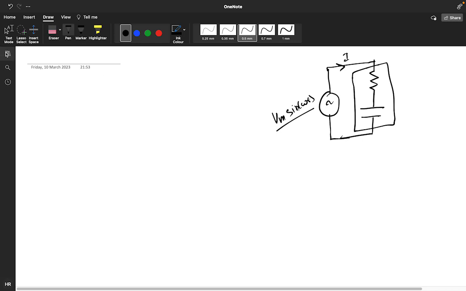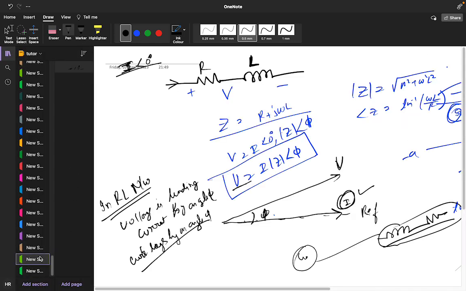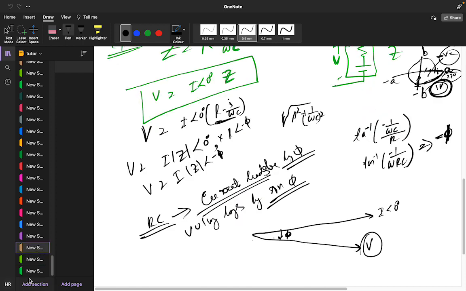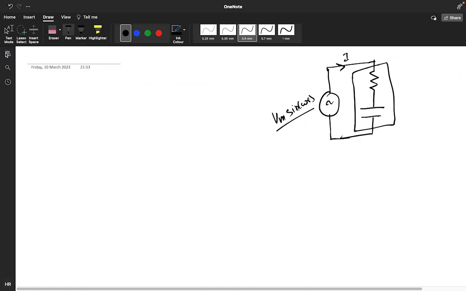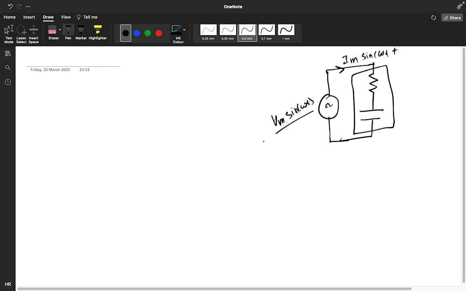Yes, it leads. So in an RC network the current leads, so I am putting Im sine omega t plus phi. It's leading by some phi, that's why I assume plus phi here.